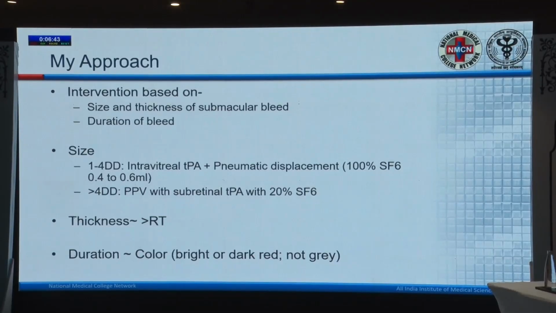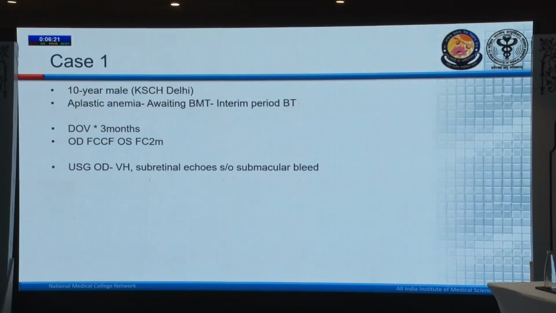In addition, if the thickness of the subretinal bleed is more than the submacular thickness, provided it is in the center of the fovea, then even if the size is less than 4 disc diameter, I sometimes consider PPV and subretinal injection. Regarding duration, if the color is bright or dark red, then I consider it, and if it is gray, then I don't, and I explain the prognosis.